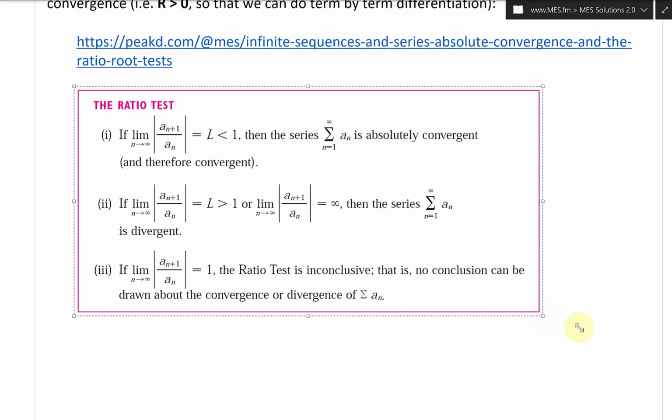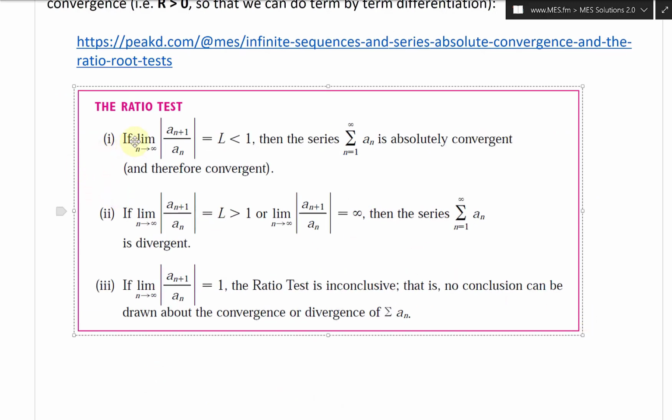Let's take a look here. So here's the ratio test, recall from my earlier video. We have 3 cases. If the limit as n approaches infinity of the absolute value of a_(n+1) divided by a_n equals L, which is less than 1, then the series summation from n equals 1 to infinity of a_n is absolutely convergent and therefore convergent.